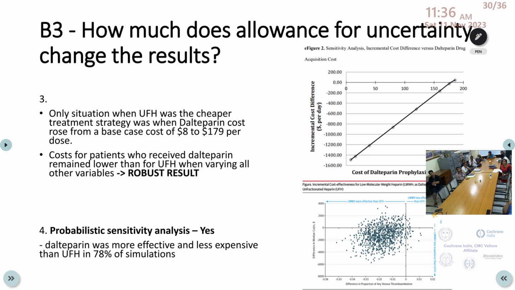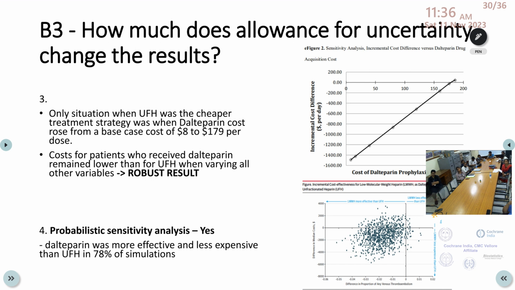Otherwise, for every other variable analyzed, between both extremes of the probability curve, dalteparin is always a cheaper option. So only when the cost of dalteparin per se increased to more than 179 was the study conclusion not met. Because it was only that one scenario, which is quite rare, since the cost of dalteparin going from 8 to 179 is a huge exponential increase, nearly 25 times, I concluded that the study had a robust result.